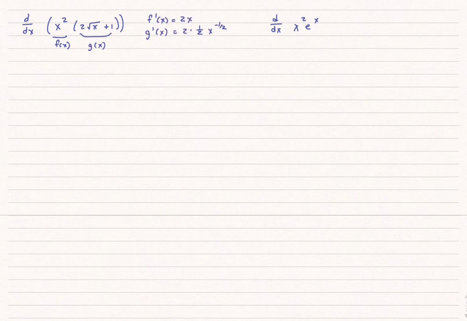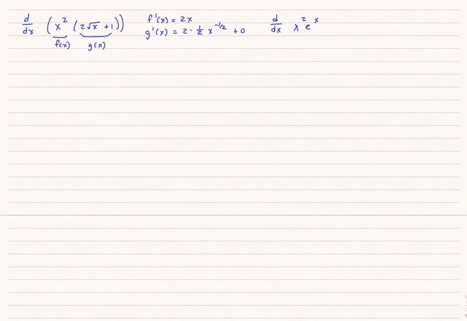Off to the side, I find that f prime of x is simply equal to 2x, that's using the power rule. g prime of x is equal to 2 times 1/2 x to the negative 1/2 plus 0. I'll go ahead and add the plus 0. That's using the constant multiple rule, the power rule, and the constant rule.